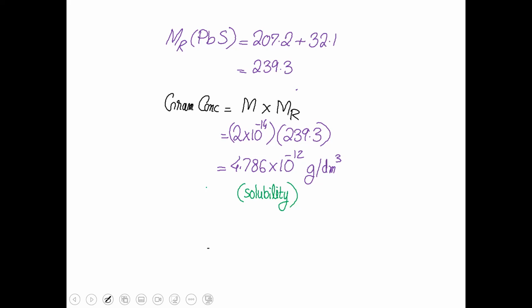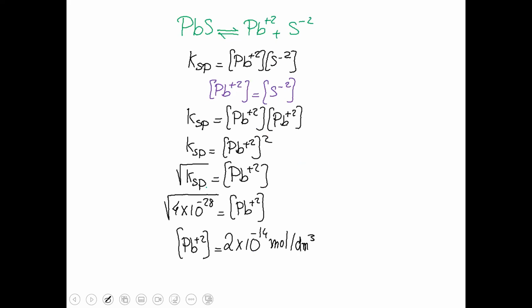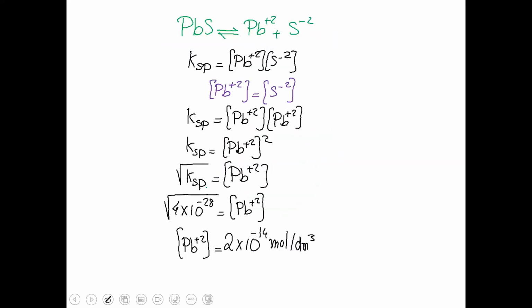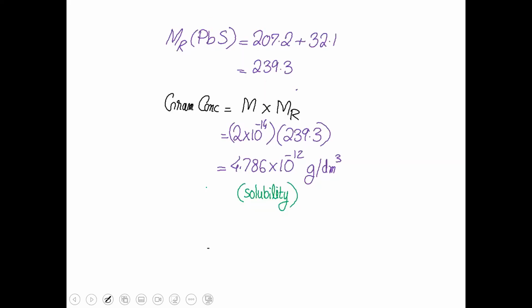This is only a convention that solubility is in gram per dm cube. If you are taking it from concentration, it is in mole per dm cube. But obviously, that will depend upon the question. And you can leave the answer here in mole per dm cube. But if it is needed, you will first find the molar mass and then convert it into gram concentration. You have to copy this.